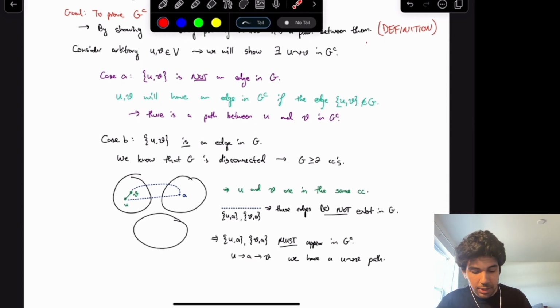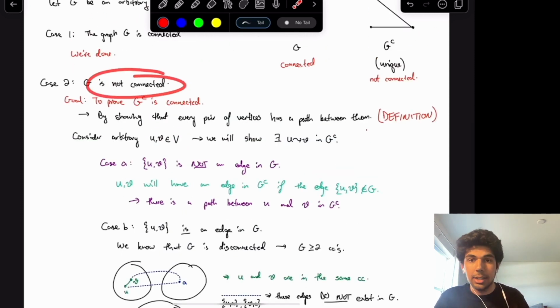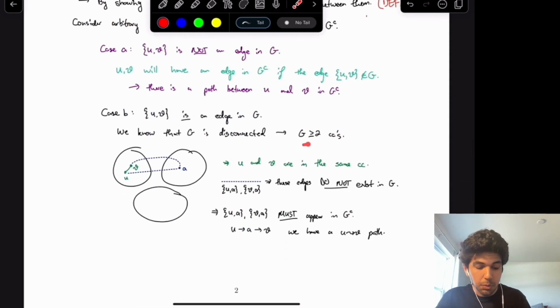Okay, so back to this. If there is an edge in G, then we know that G is disconnected because we're under this case where G is not connected. So we have multiple connected components. We can find a connected component which has a different vertex, but first we recognize that U and V are in the same connected component. So we consider a vertex outside of that connected component.